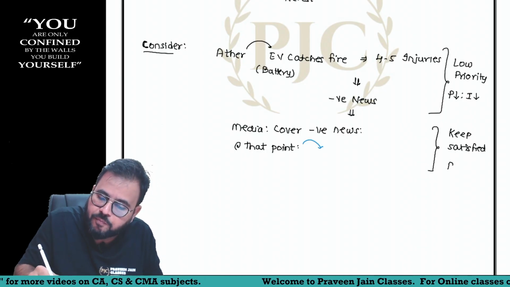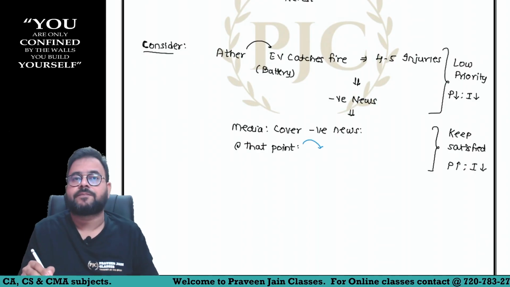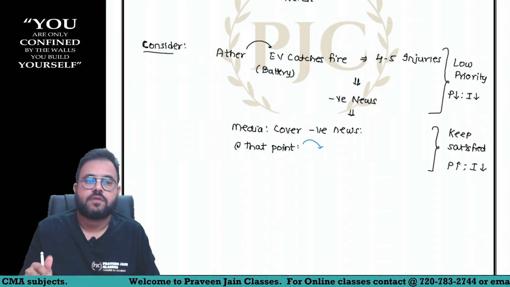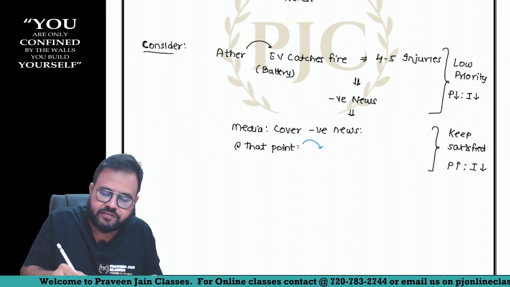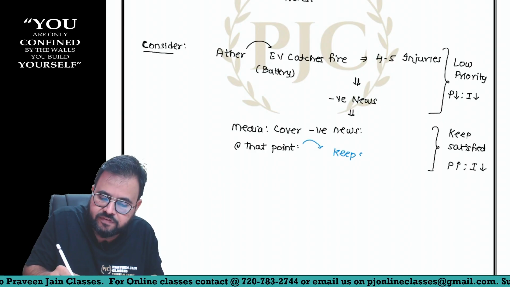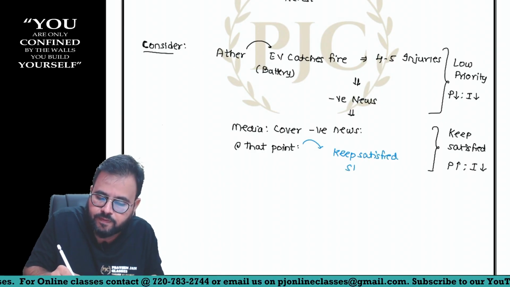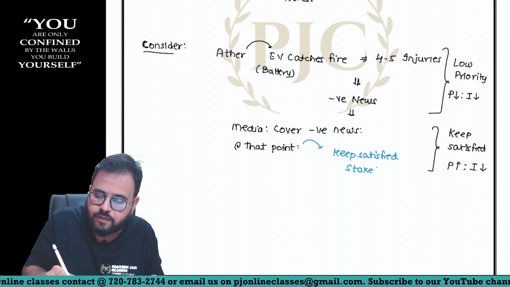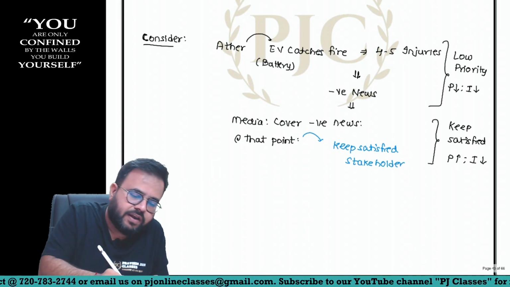Now they will have more power, but obviously interest is still low. Understood, Raja. So now we have to keep them satisfied. So they will become a keep satisfied stakeholder. Did you understand, sir? This is one example.